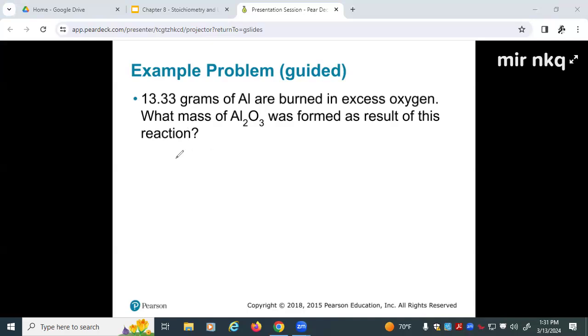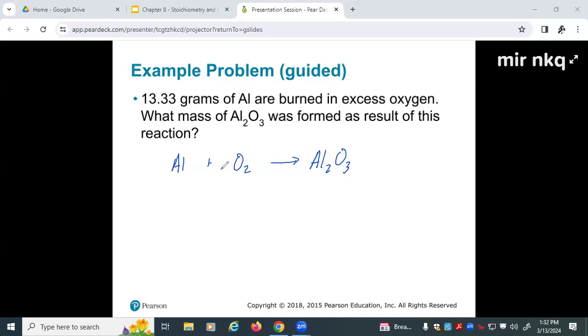So I have aluminum reacting with oxygen to make aluminum oxide, Al2O3. Now to balance this equation, I'm going to need to balance out the oxygens because they're kind of wonky here.